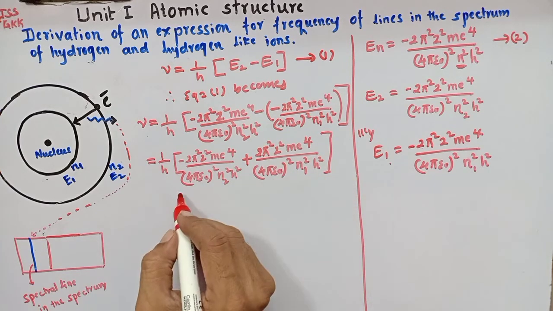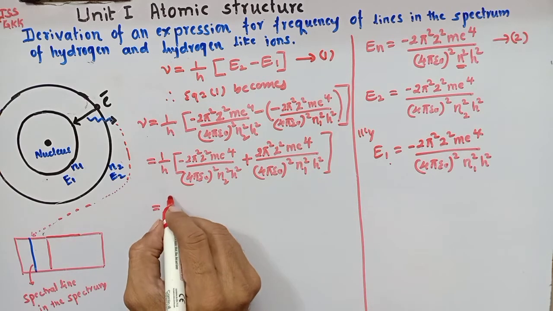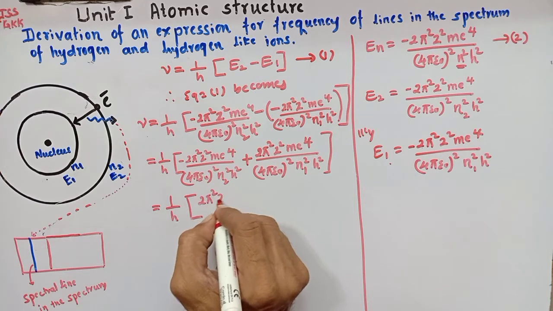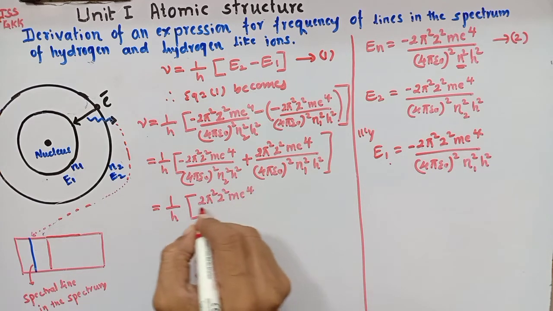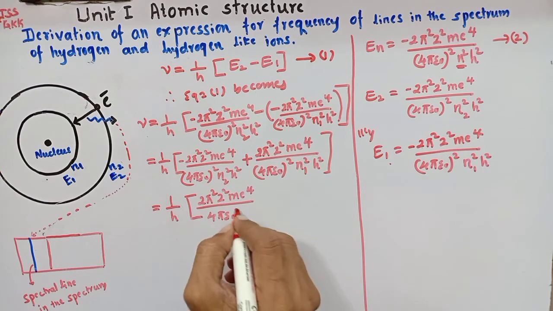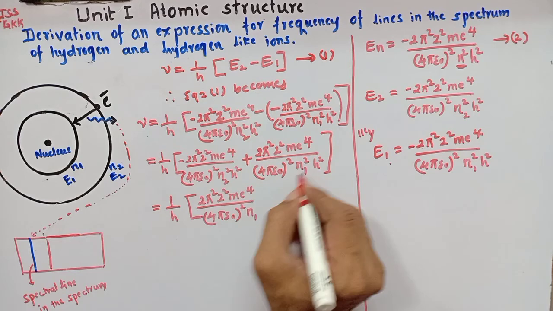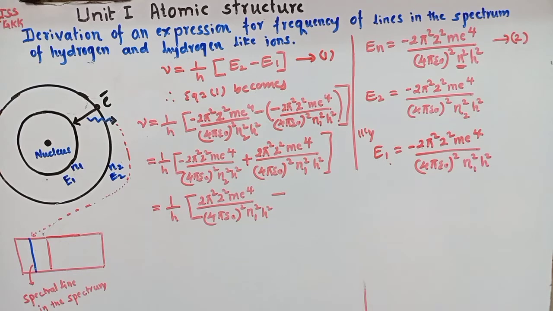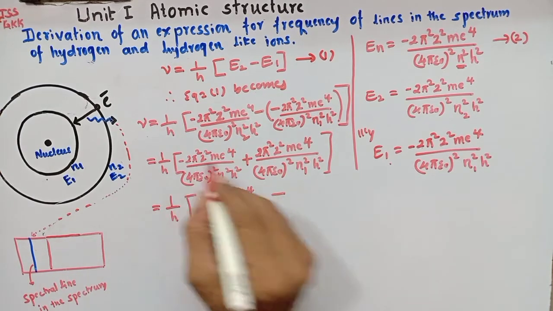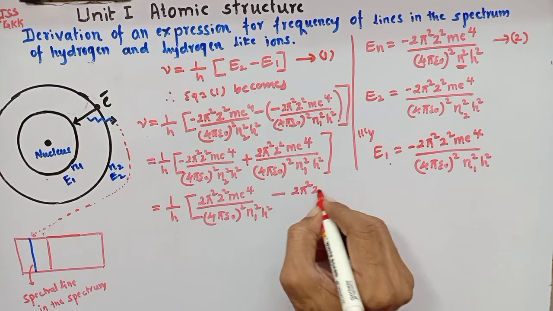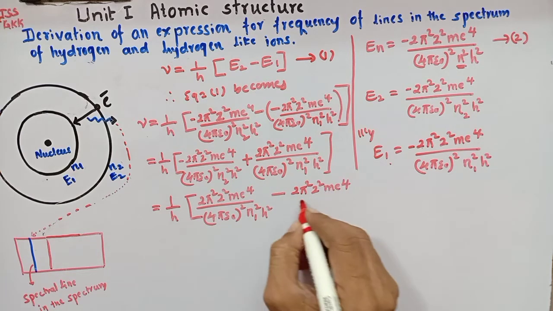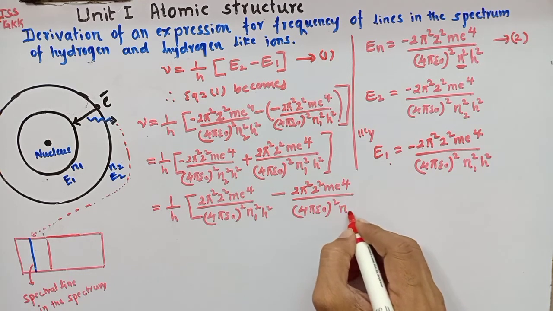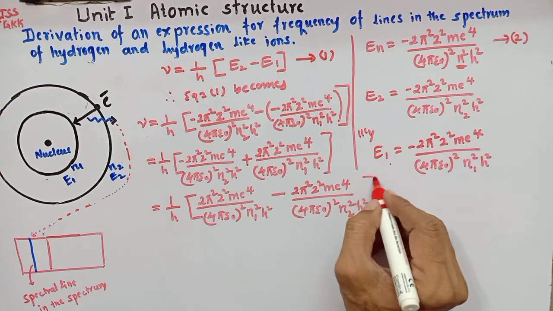Now take this one to this side, and the minus term to the other side. That is ν = 1/h [2π²Z²me⁴/((4πε₀)²n1²h²) - 2π²Z²me⁴/((4πε₀)²n2²h²)].